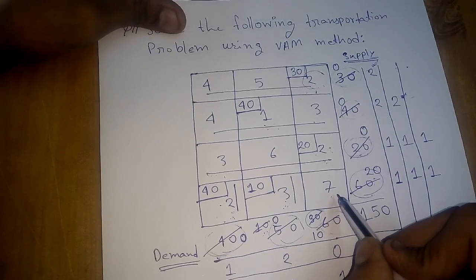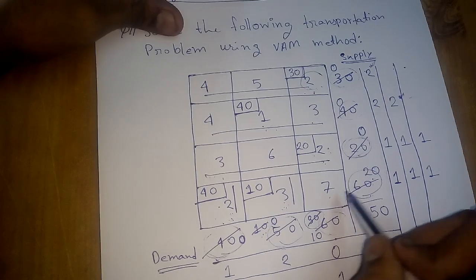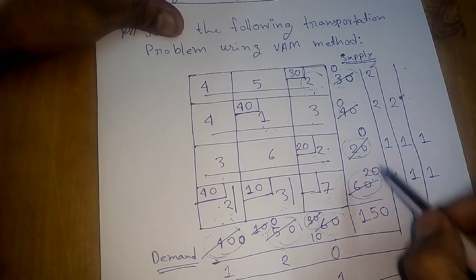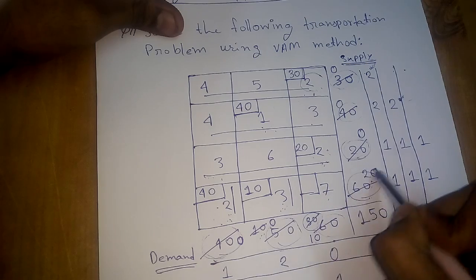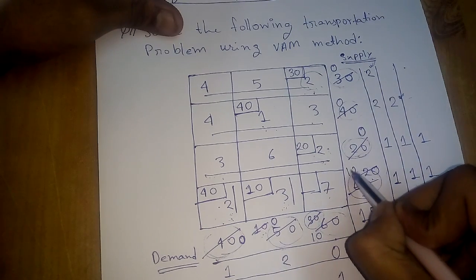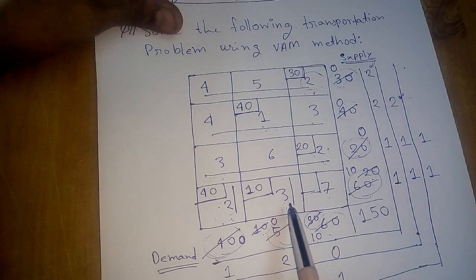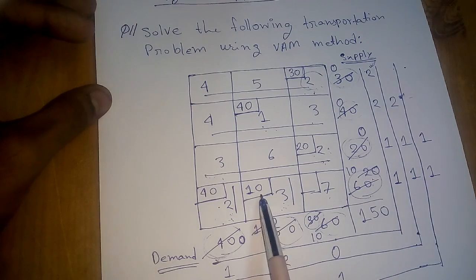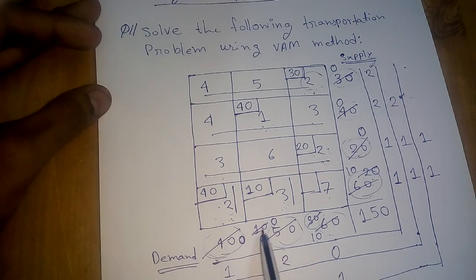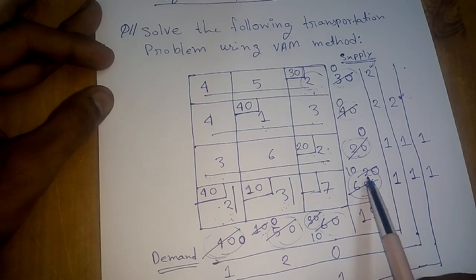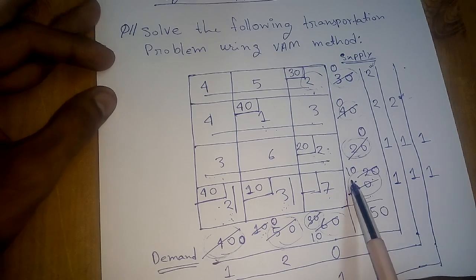The last column is 7, and the value we can see here is 10, and sorry, I forgot to subtract: 10 from 20, as we got 10 here, then we cancel 10 and the value was 0. Also we subtract 10 from 20 and the value will be 10 remaining.